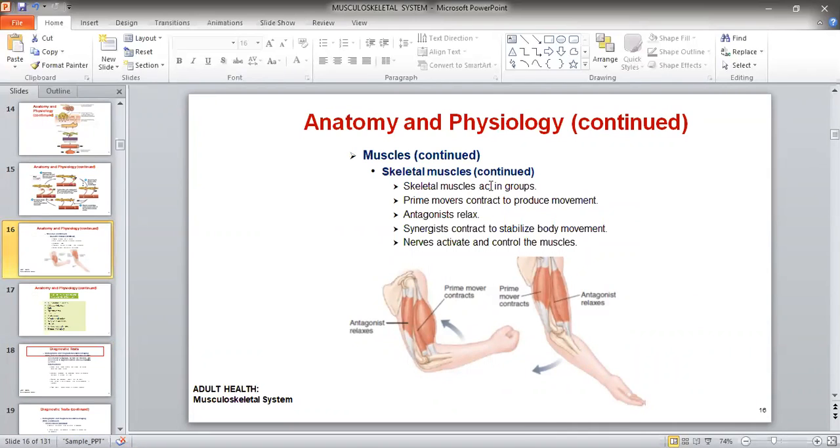Skeletal muscle act in a group or work as a group. The prime mover contract to produce the movement, also antagonist relax, and also nerve activate and control the muscle.